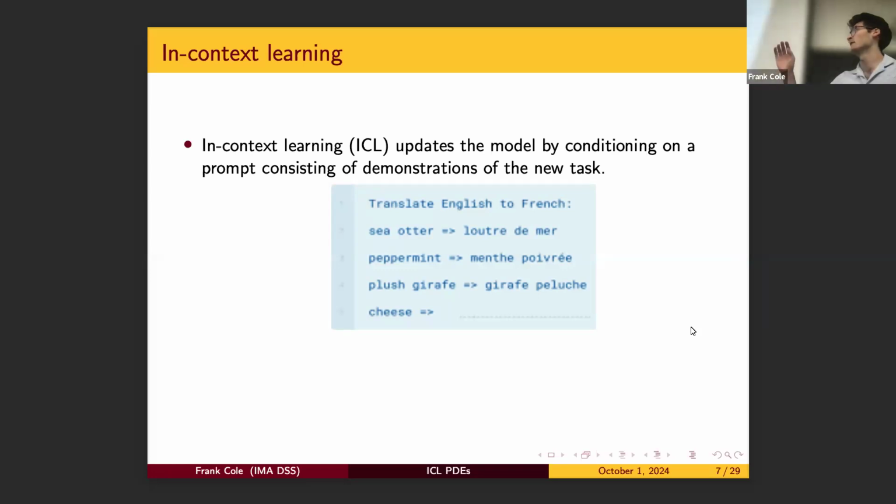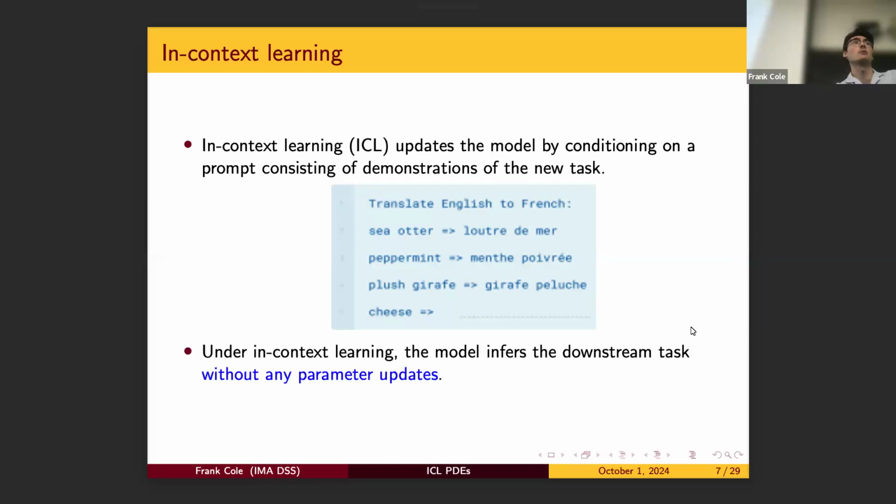So in this case, we want it to predict fromage for cheese. And I think a benefit of in-context learning is that you make predictions on the downstream tasks without updating the weights. So that's a very attractive feature of these foundation models: the pre-training may be very expensive, but once they're trained, you can ask them to solve a variety of tasks without any parameter updates.